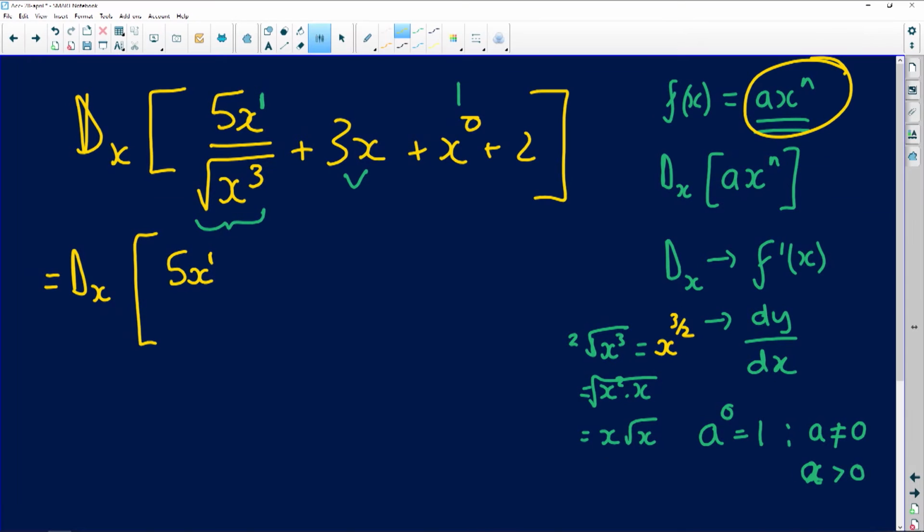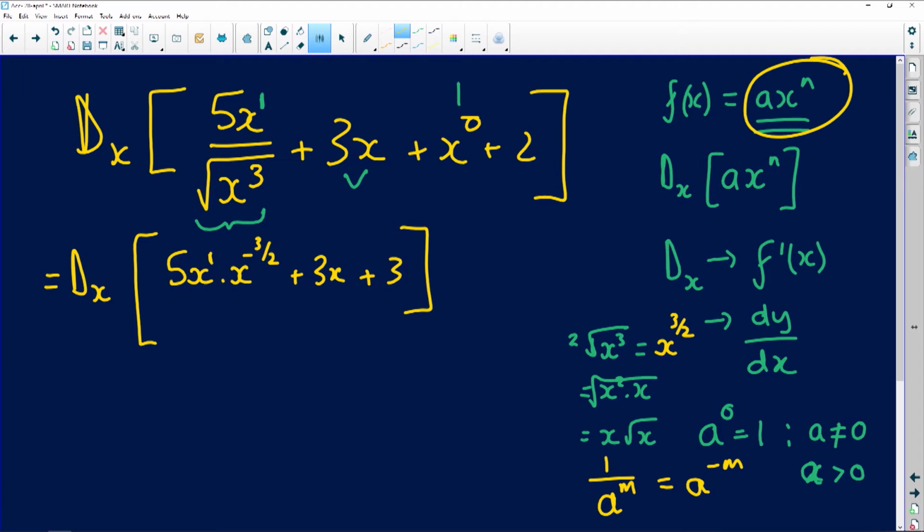So I'm reversing the law that says a to the m in the denominator is the same as a to the minus m in the numerator. So that goes to the top, and I have multiplied by x to the minus 3 over 2, plus 3x stays. X to the naught I can replace with a 1 there. 1 plus 2 is 3, so a little bit of cleanup happened there.